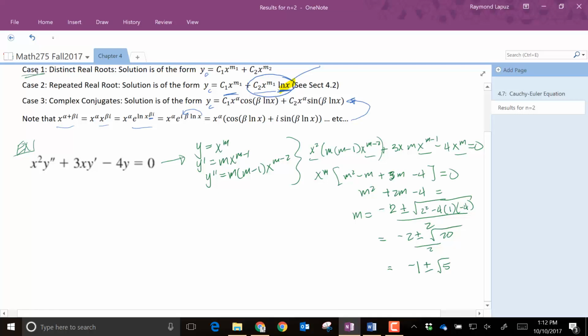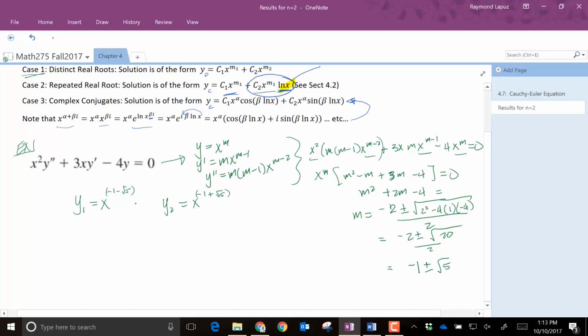Your general solution, well, let's write it out first: y1 is equal to x to the negative 1 minus root 5 power. And then the other one is x to the negative 1 plus root 5 power.